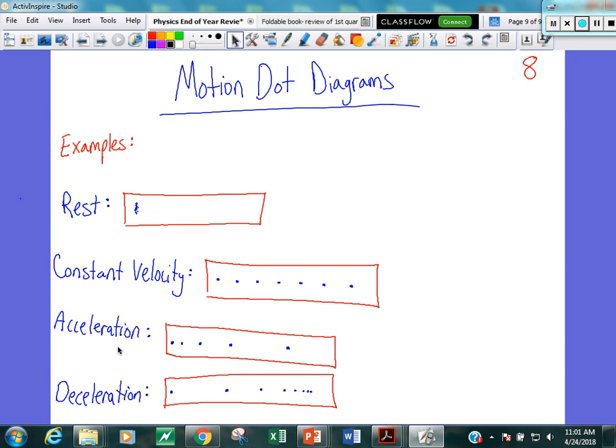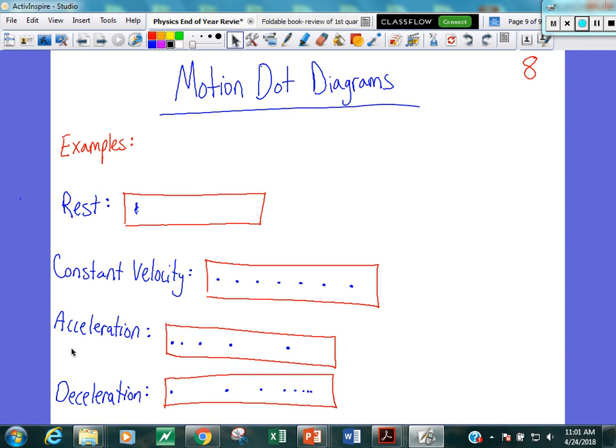Okay, now with acceleration, what you're going to see with motion dot diagrams is that they're going to start close together, but if it's accelerating, it's covering greater distance every second. And so the distance between these dots increases every time. And so we started really close together, and then we finish way far apart.